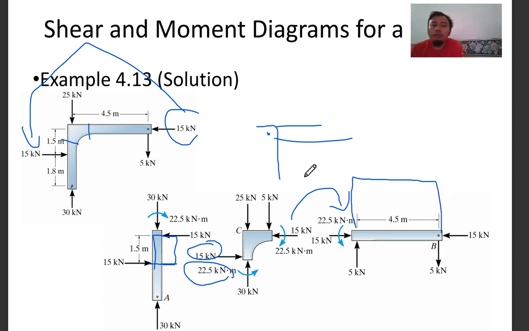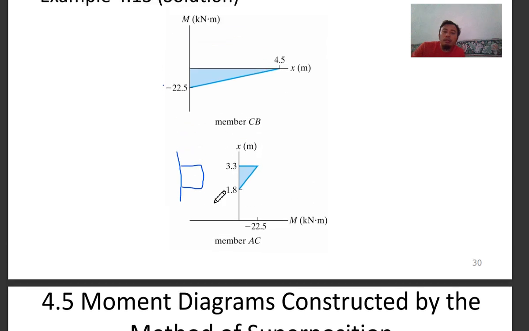So basically, when you have a not linear but a flat constant graph like this for your shear force, the bending moment diagram will be a triangle, a linear graph. So that's why you come up with this value.